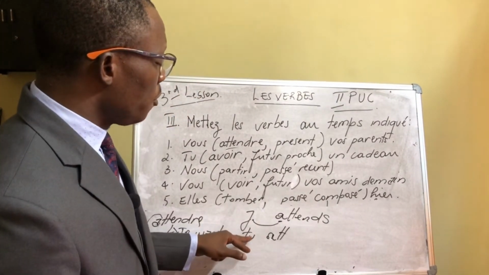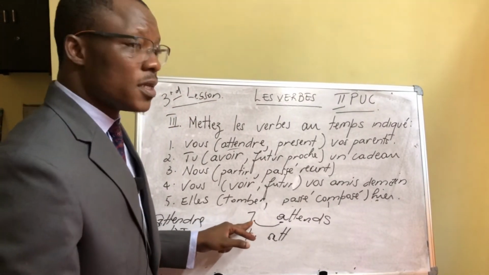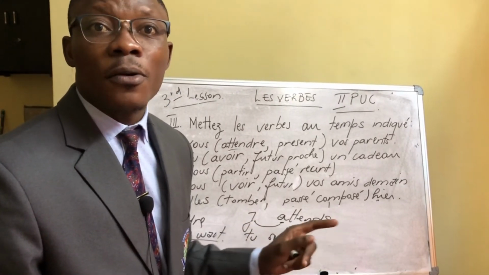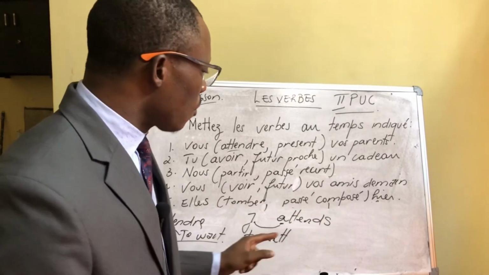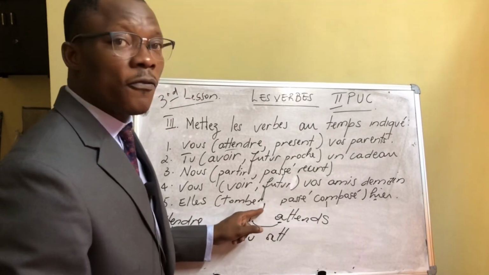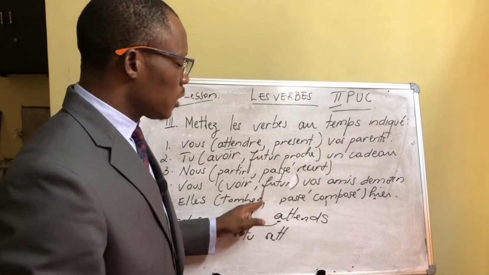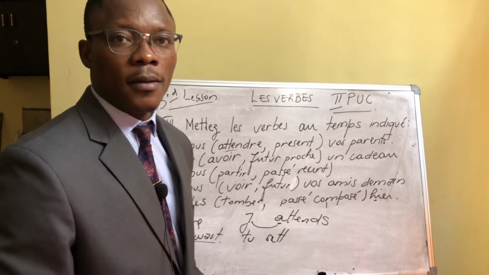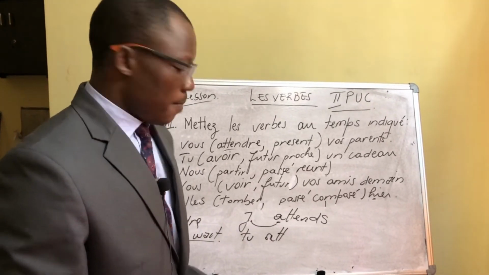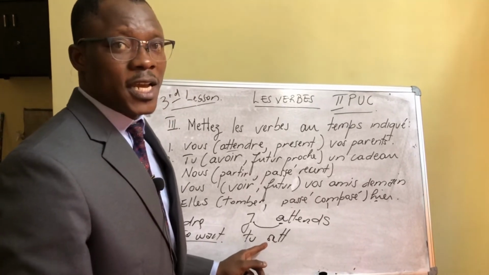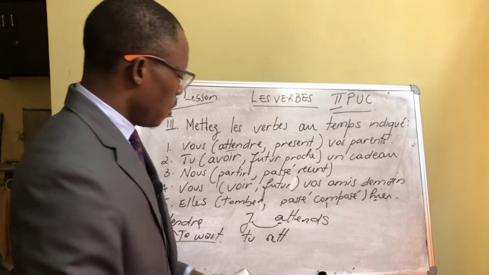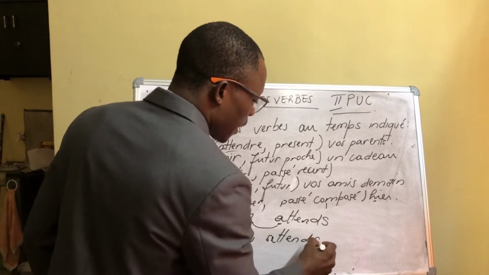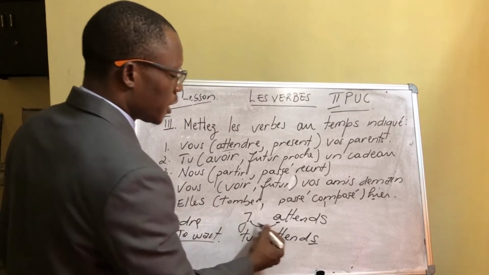I didn't remove U here because I don't want to have the sound of J. That's why I removed the E of je and put an apostrophe to get that sound of ja. Got my point? But here there is no such sound. So I have tu attends, again ending with S.